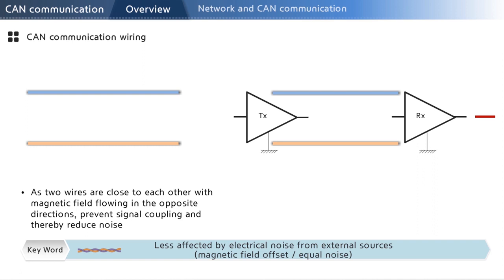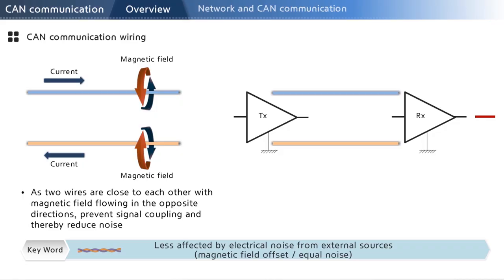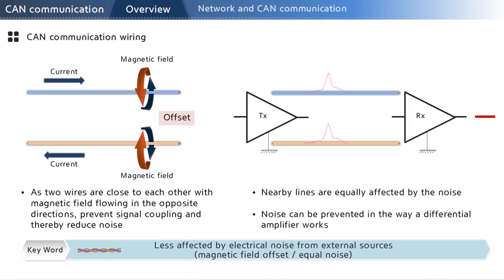The contrasting signals used by the high and low lines in CAN mean that the magnetic field on each line is also in the opposite direction if the current flows in the opposite direction. Twisted conductors prevent magnetic interference. In other words, the lines offset each other. Since both lines are equally affected by the noise, the impact of noise can be removed in the way a differential amplifier works.